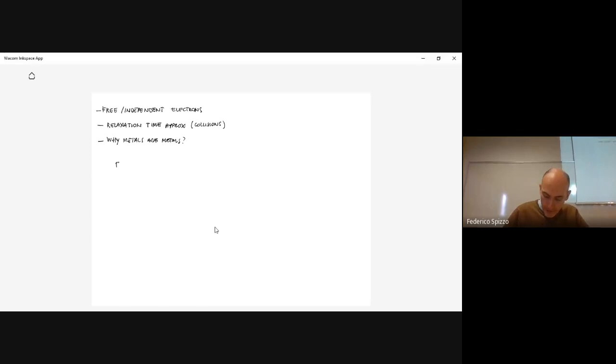So if I relax the free electron approximation, then I should include the lattice contribution. At this point, we are at the end of the 20s in the previous century.